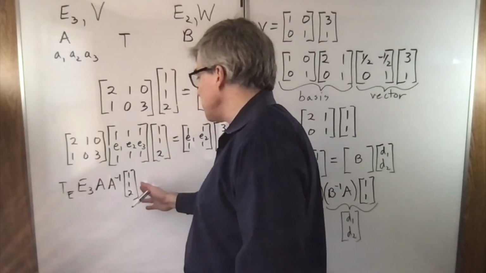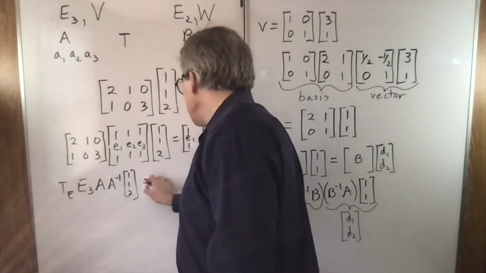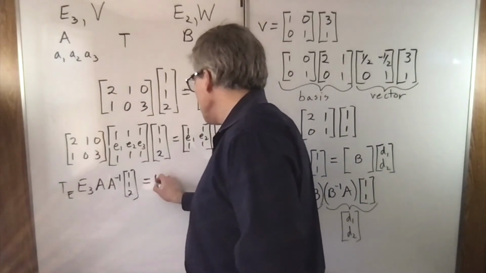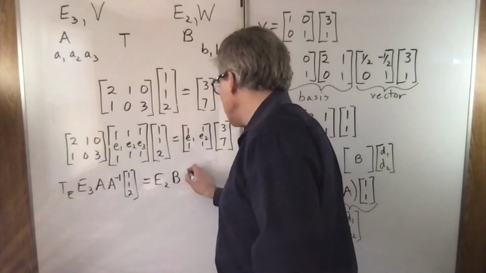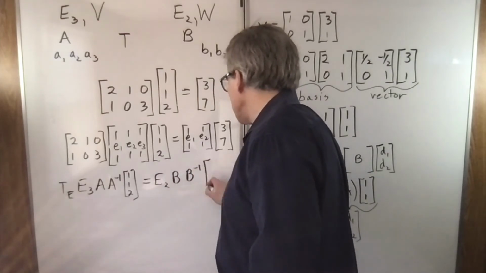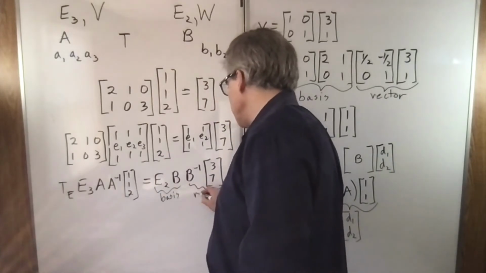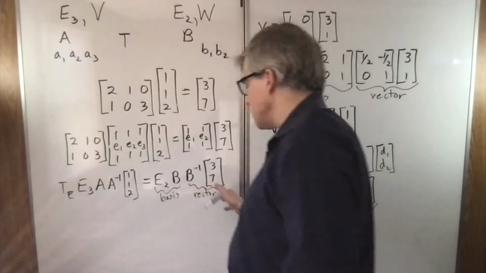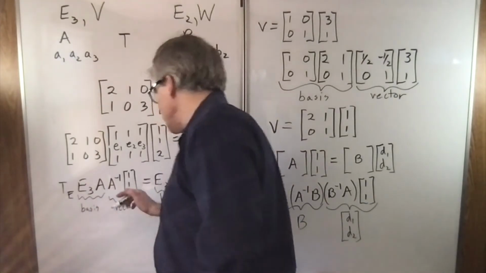We haven't broken anything because we just multiplied by A inverse. Meanwhile, over here, we've got E2, and we would like to be basis B, and then we multiply by B inverse, and (3, 7). This is the basis, and this is the vector, written in terms of B. This is the basis, this is the vector, in terms of A.